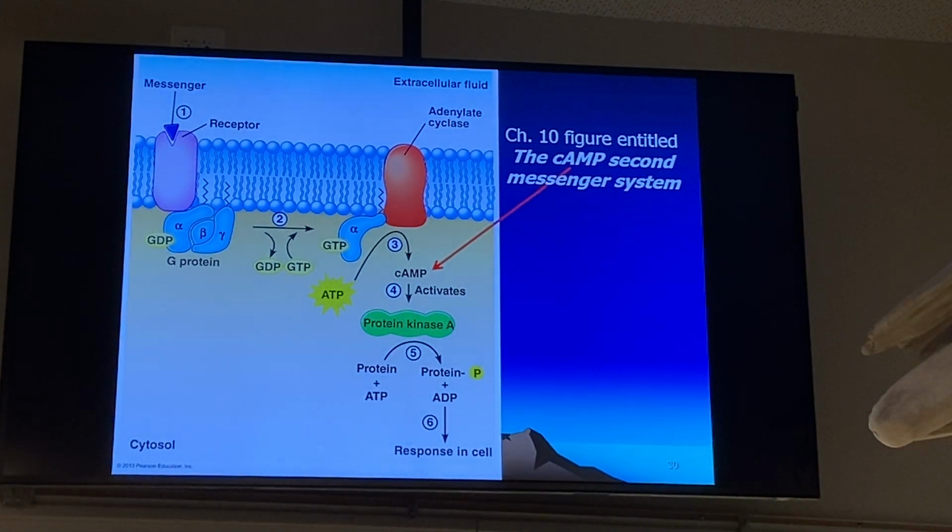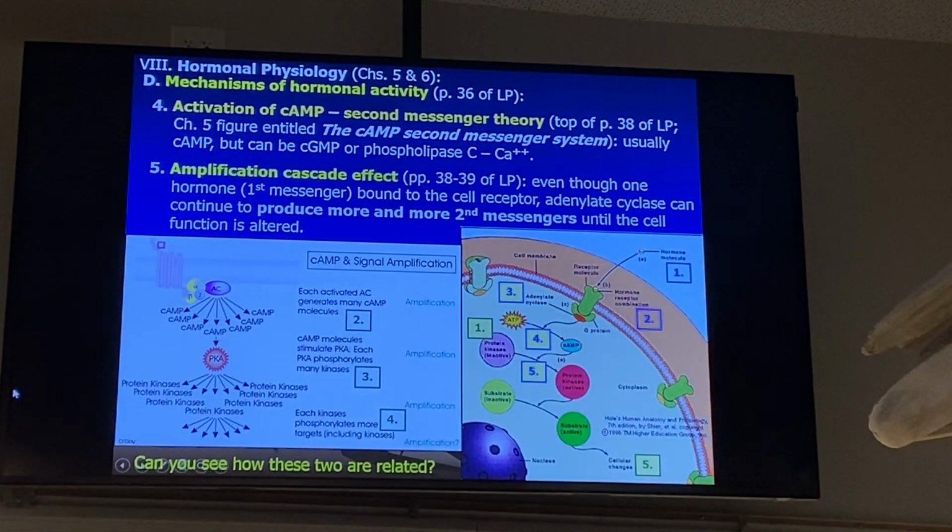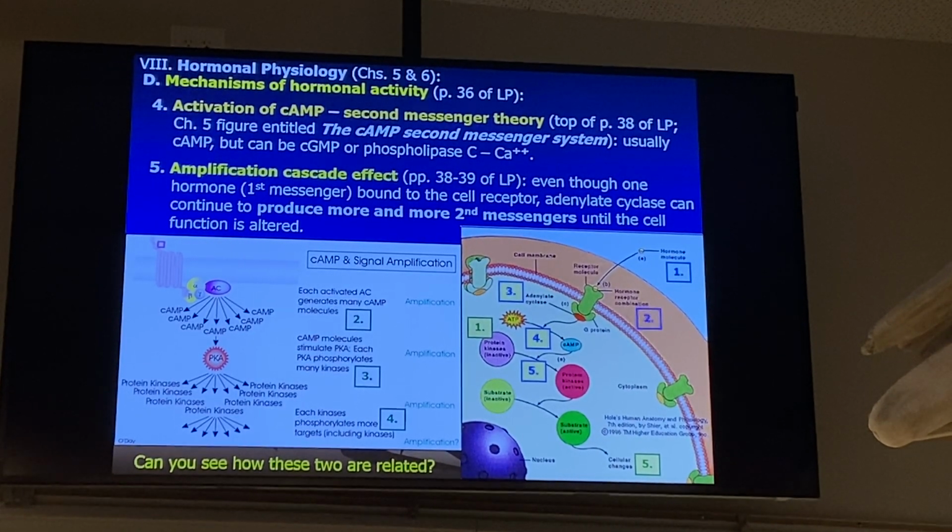Again, cyclic AMP is gonna really skyrocket. Oh, I'll give you this hint. Number 4, top of page 38, is about the hormones that never get into the cell. That's why you need a second messenger. The hormone is the first messenger. And if you're a steroid, the first messenger just binds to an intracellular receptor and actually directly influences the cell, because it's inside the cell.